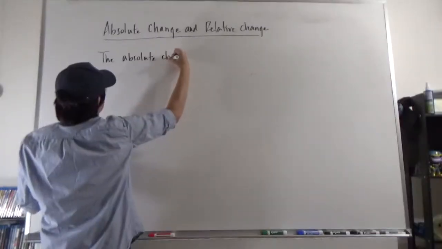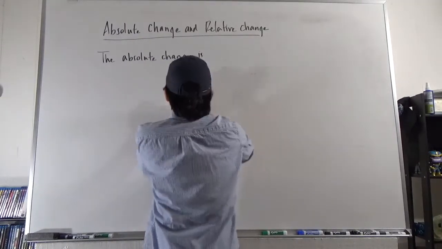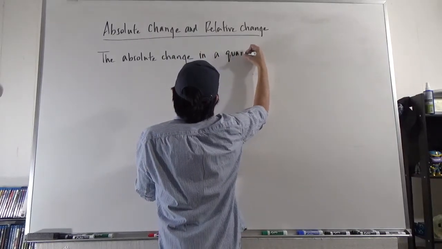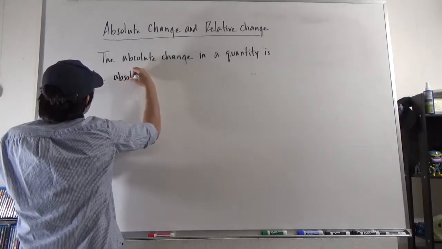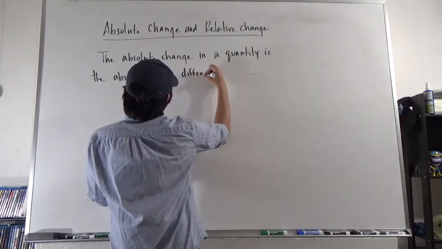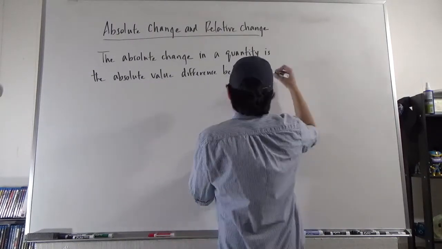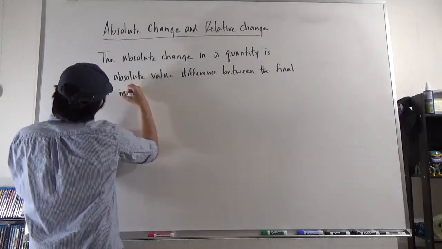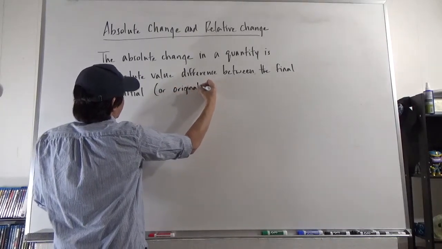The absolute change in a quantity, like a population or value or cost, is the absolute value difference between the final and initial value. I'm going to put or original value.